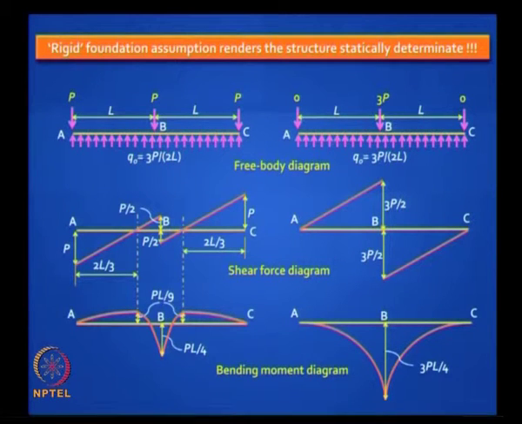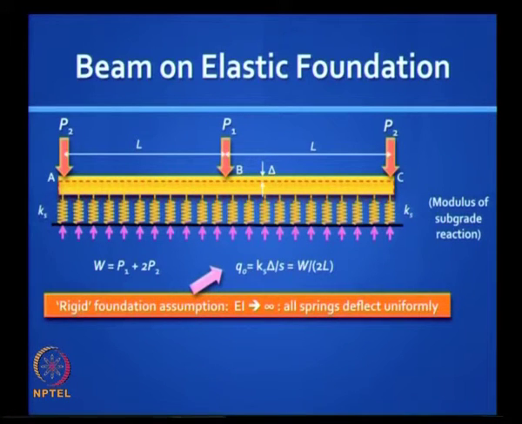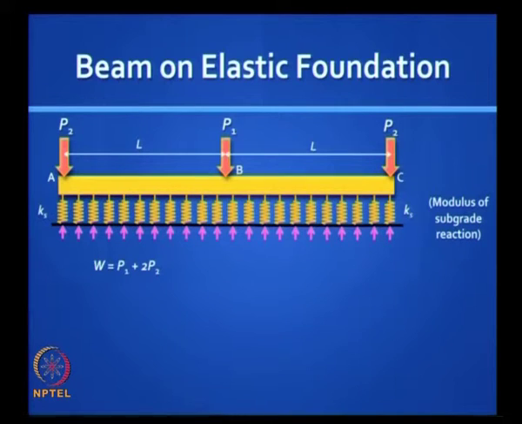But you are right, if you want to do an exact solution, then you should put springs, and there are assumptions. The soil has a modulus of subgrade reaction which soil tests can determine, and you will find the actual behavior. This is the behavior assumed, that everything goes down by the same amount, which is not true.